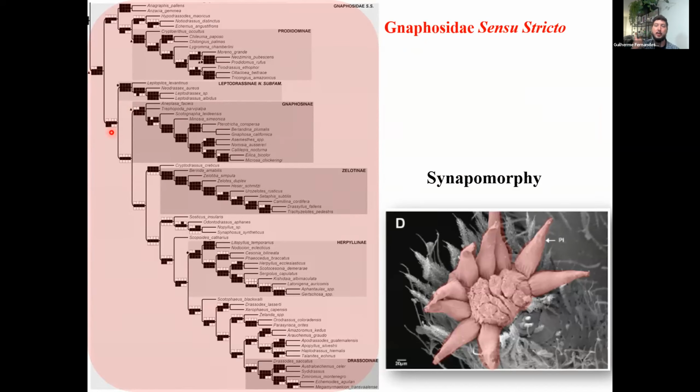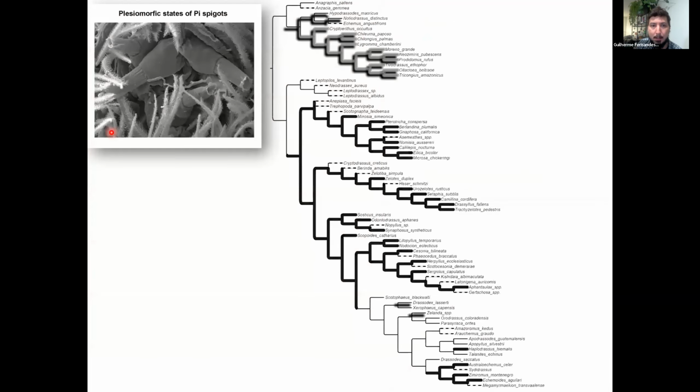And when you say large, you have two characters: bigger than the major ampullate plate and thicker than the major ampullate plate. Those are the only two characters that support this group. There is no other, not even a homoplasious character supporting that.